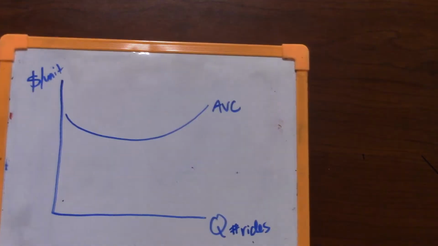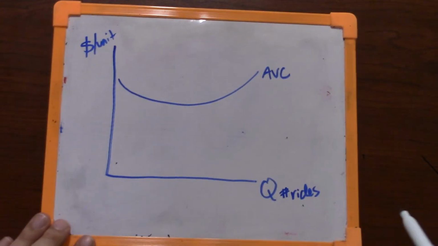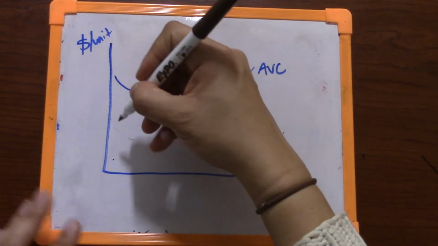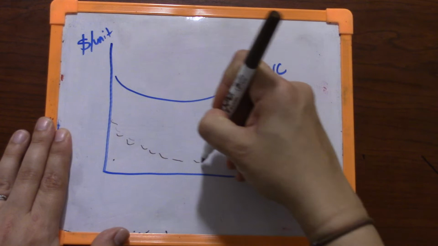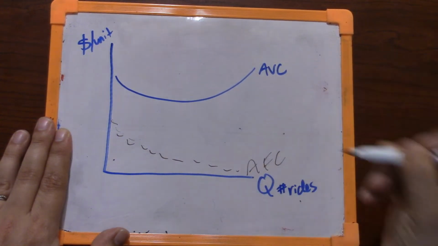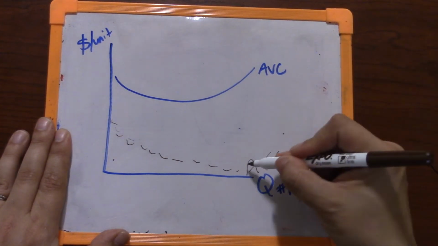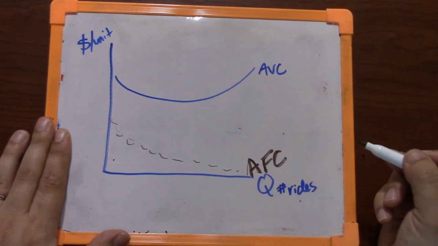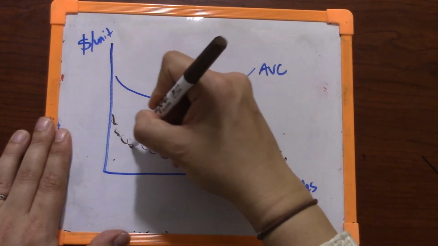You're spreading out the cost of that vehicle across a larger and larger quantity of output. So the more rides you give, the lower your fixed cost. Average fixed cost is always going to be asymptotically approaching 0 for those math specialists among you.